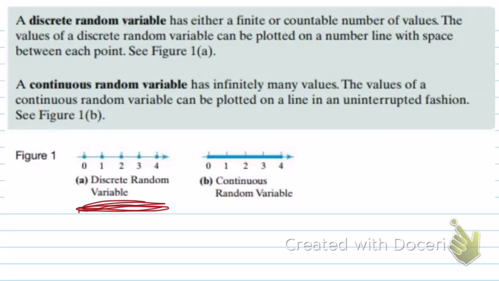Contrast that with a continuous random variable. Notice over here, there's no individual points. It's a continuous kind of thing. Hence the name continuous random variable.